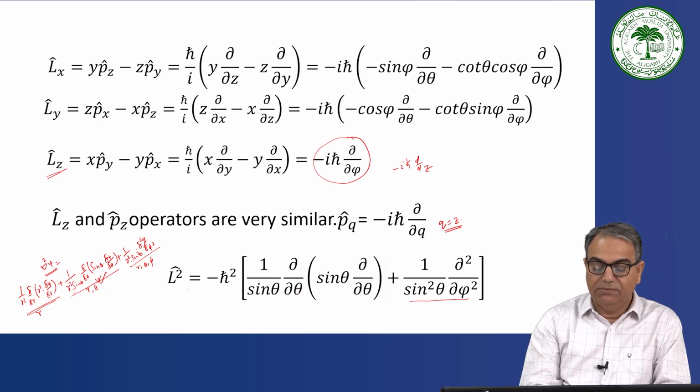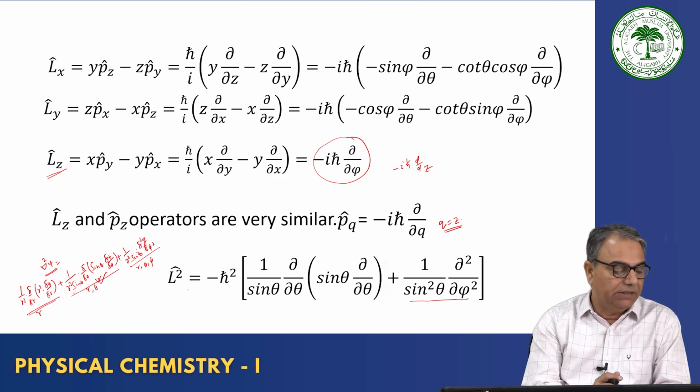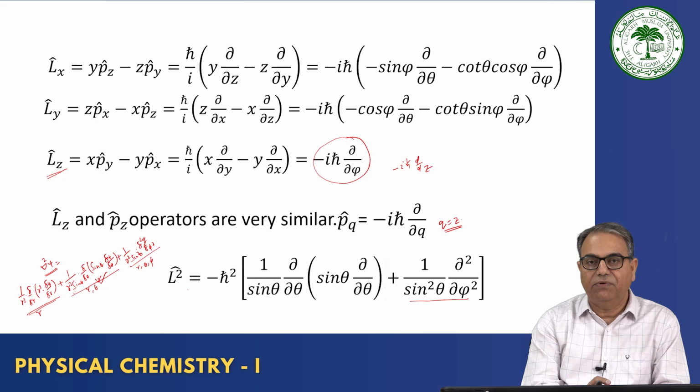This way we can convert all the operators of Lx, Ly and Lz and L square into spherical polar coordinates. So these are the basic fundamental relationships for converting the Px, Py, Pz equations into Lx, Ly, Lz and L square equations. We have just got the relationship now.